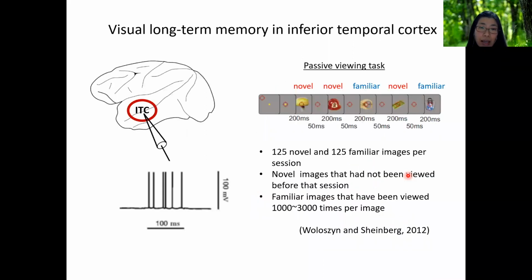For this, I consider the changes of the activity pattern observed during visual learning that may underlie our cognitive ability to detect novelty versus familiarity. We have a tremendous capacity to recognize a novel versus a familiar object on the timescale of 100 milliseconds. This type of memory is called recognition memory.